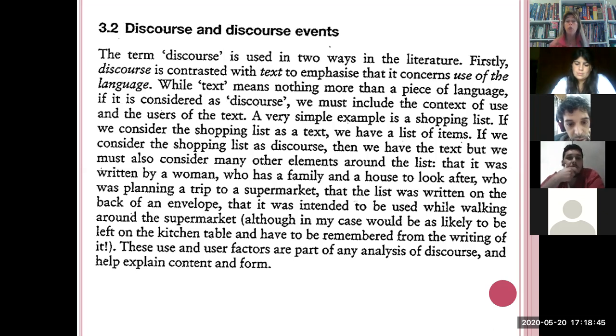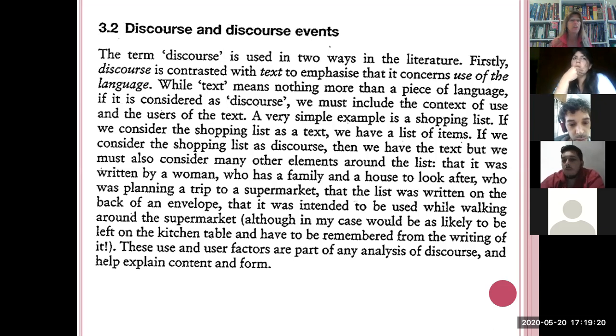Okay, in terms of grammar, we would use the following vocabulary. We would say that in terms of lexicogrammatical exponents or devices, because it's not just grammar. Here we need to pay attention to lexis, which is vocabulary, and grammar. So in terms of lexicogrammatical devices, we would say that it's a list and it is a text.